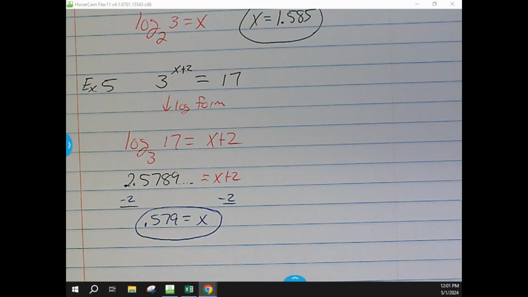Okay, so if they give you anything in exponential form to start with, that's what you're going to do. You're just going to take whatever you got in exponential, rewrite it in log form, and once you got it in log form, you get to use your calculator.